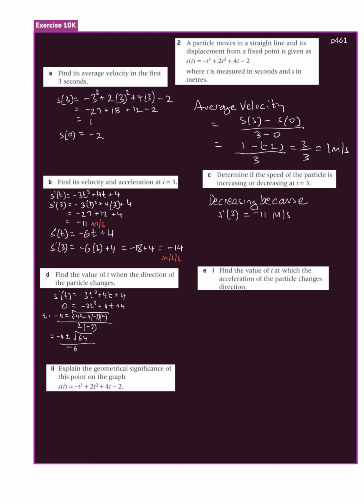So we've got our two solutions. We've got t equals minus 4 plus 8 on minus 6, and also t equals minus 4 minus 8 on minus 6. This one becomes 4 on minus 6, which is minus 2 on 3, and this one becomes 2.